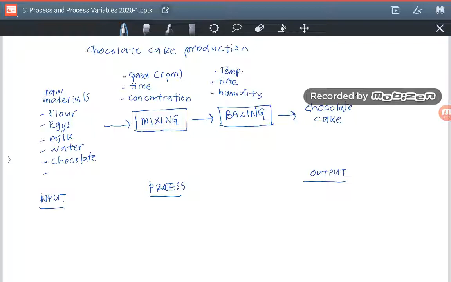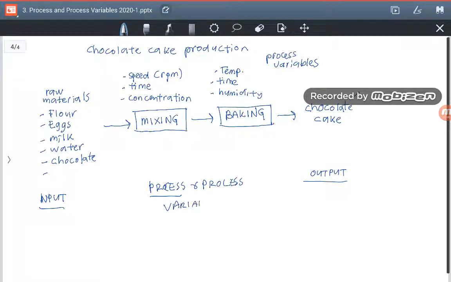So what I want to say here is that the speed, time, concentration, temperature, time, humidity, all of these are considered process variables. Okay, so this is not only the process but also the process variables. And for all of these process variables, some of them require us to get into more detail, such as the temperature.